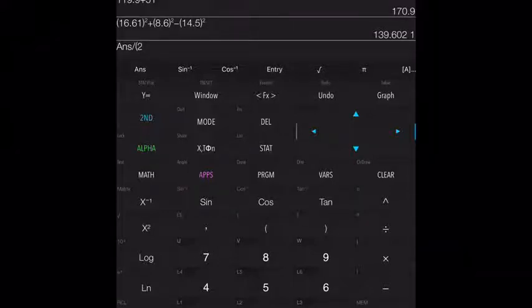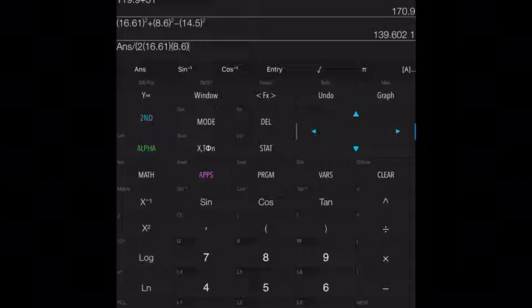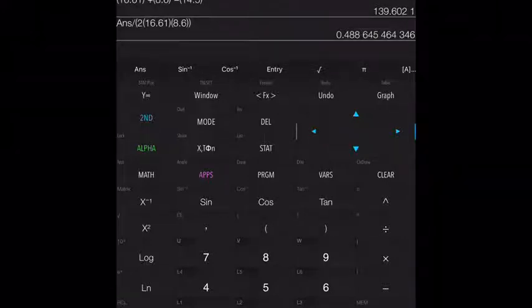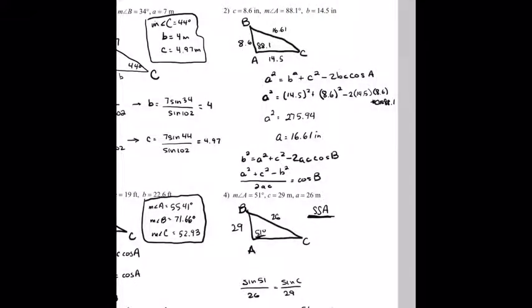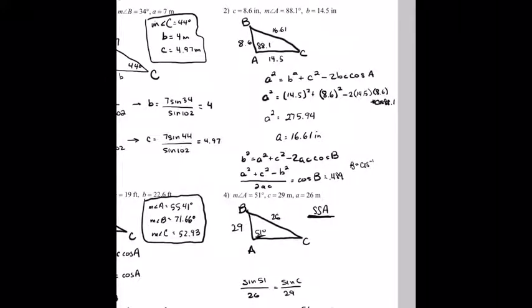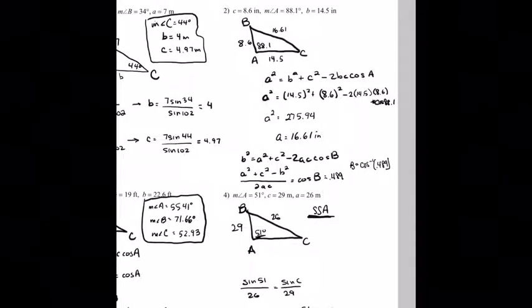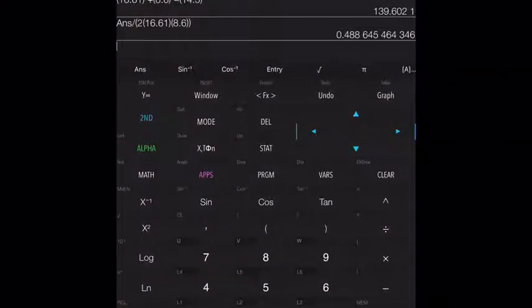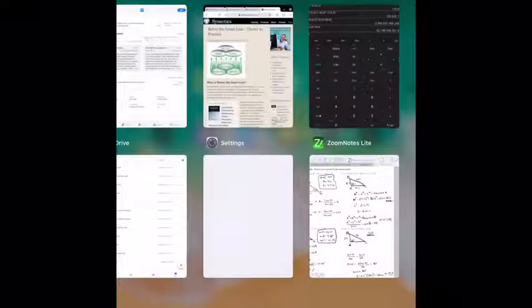So again, put everything in parentheses, 2 times a times c. So cosine of b is 0.489. So b is the inverse cosine of 0.489, and that's 60.75.